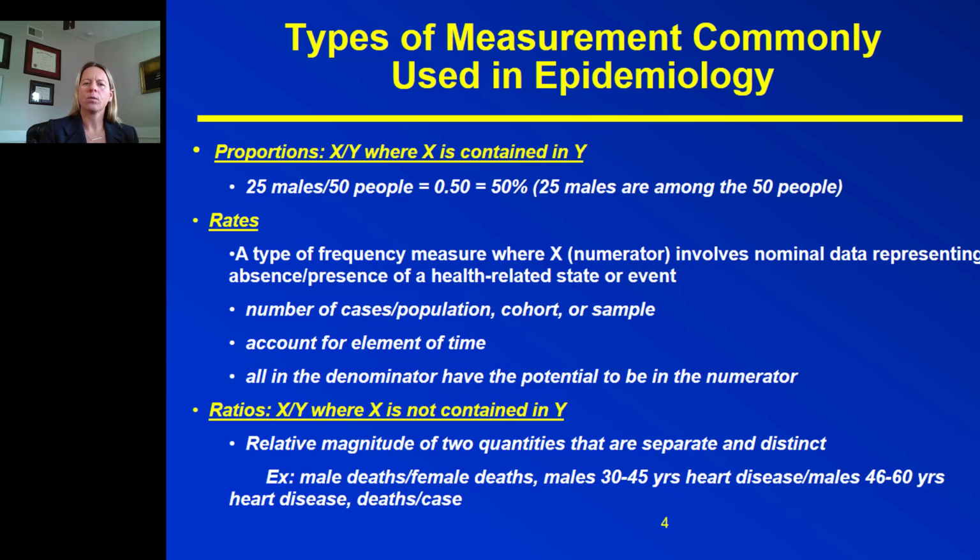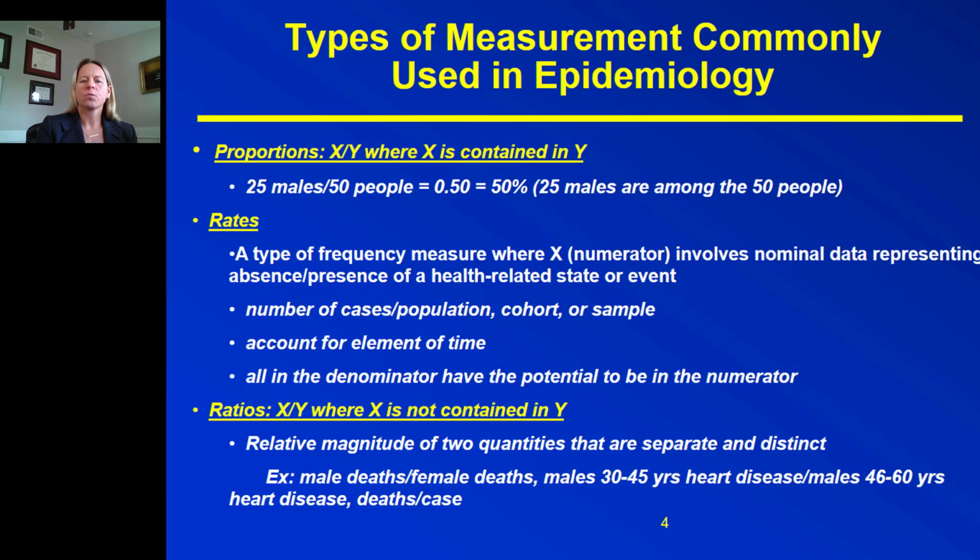Now, I want to briefly walk through the difference between proportions, rates, and ratios. A proportion is a measure of x over y where x is contained in y. So for example, the number of males among the total number of people. That is a proportion because those total number of people include those males that are in the numerator. Now a rate is a type of frequency measure where x, representing the numerator, involves some sort of nominal level data representing the presence or absence of some health-related state or event.